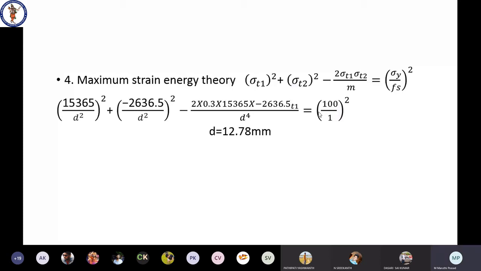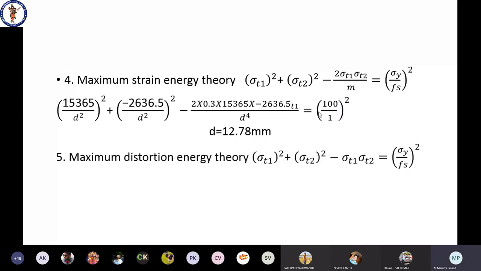You have to do all the calculations. The fifth theory is maximum distortion energy theory. As per this, sigma T1 square plus sigma T2 square minus sigma T1 sigma T2 is equal to sigma Y by Fs whole square.